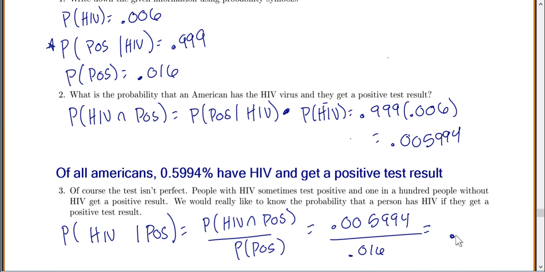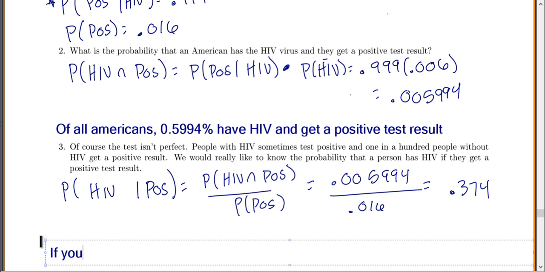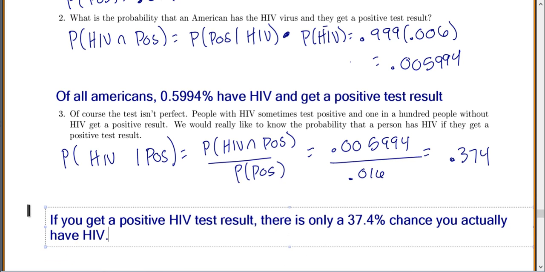Divide this out and you get 0.374. Might not have been what you were actually expecting. So this says, if you get a positive HIV test result, there's only a 37.4% chance you actually have HIV.